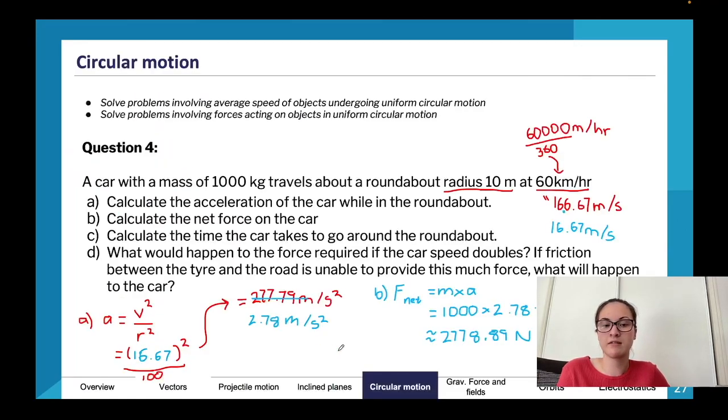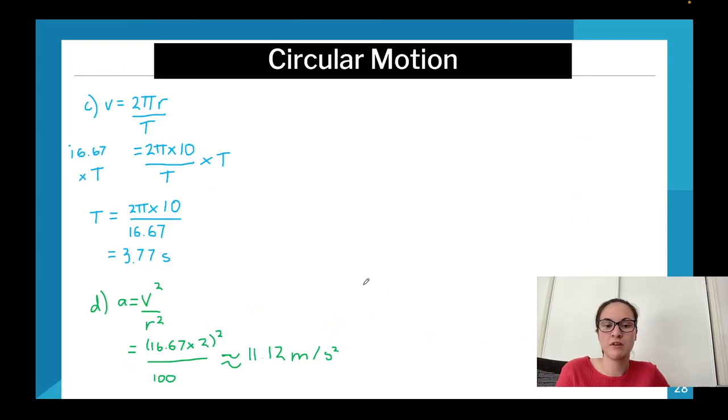And we can compare that to the last one. So it's significantly a higher rate than the previous acceleration when velocity gets doubled. Now let's see what happens to the force. So the force is mass times acceleration.